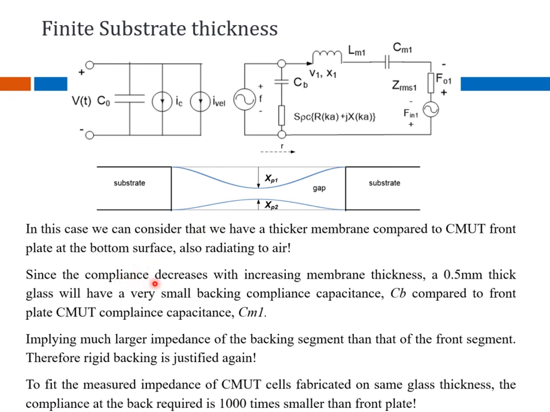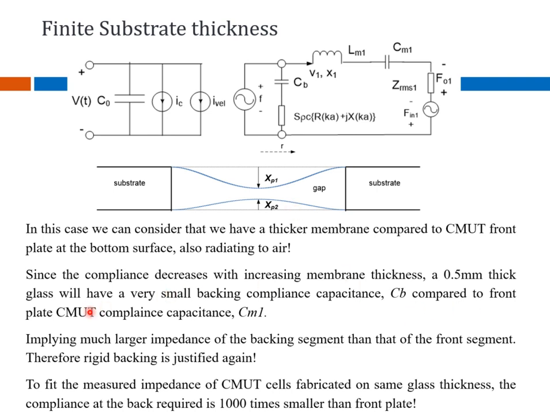Well, then what happens is, even if you have a solid which has finite substrate thickness, its compliance decreases inversely with the membrane thickness. Okay, so for example, a 0.5 mm thick glass is going to have a very small backing compliance CB over here, and the ratio of CM1 to CB is going to be like 1000 or more than that, because it's a thicker spring and it cannot be moved in response to the waves that it's going to have in the backing.